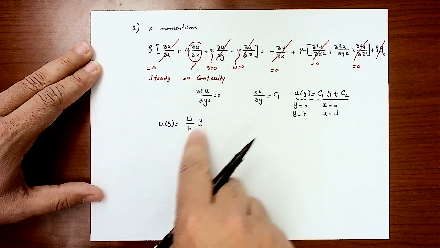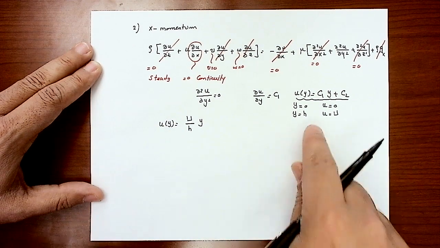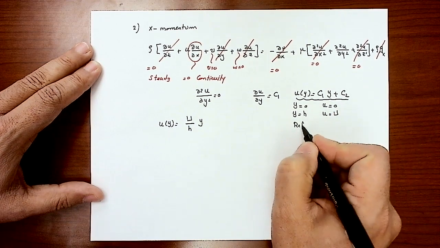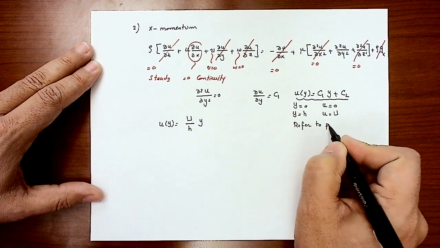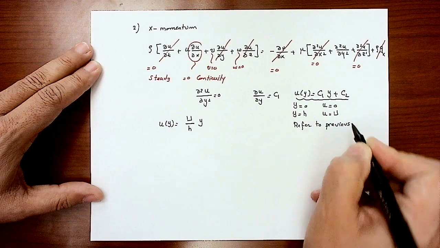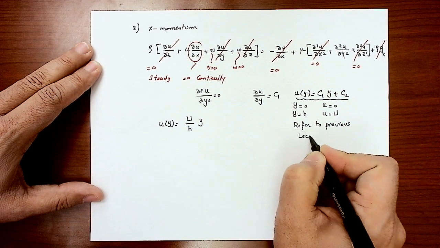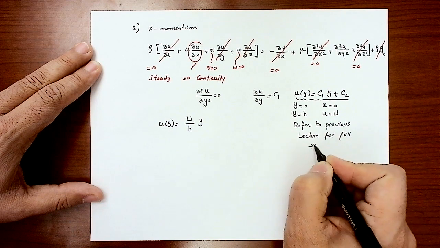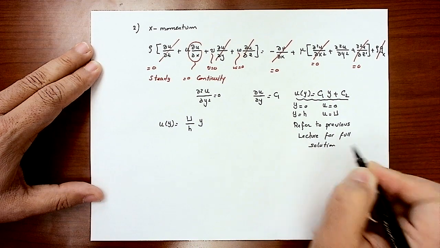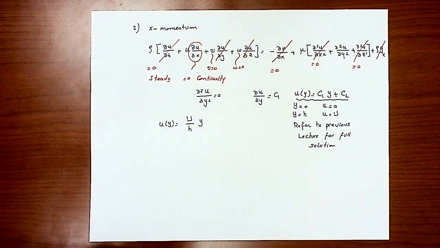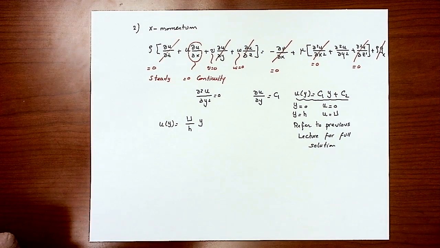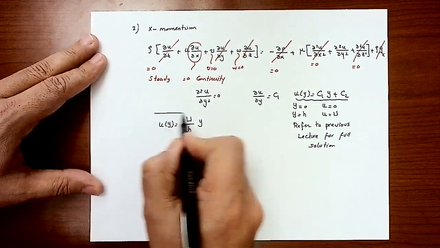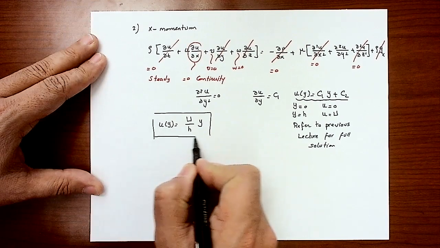When y equals h, the velocity is going to be U. You can refer to the previous recording to see the full solution. We did the full solution analytically, and we also used the finite difference method to solve that Couette flow numerically as well. So this is what we got from the hydrodynamic section here.